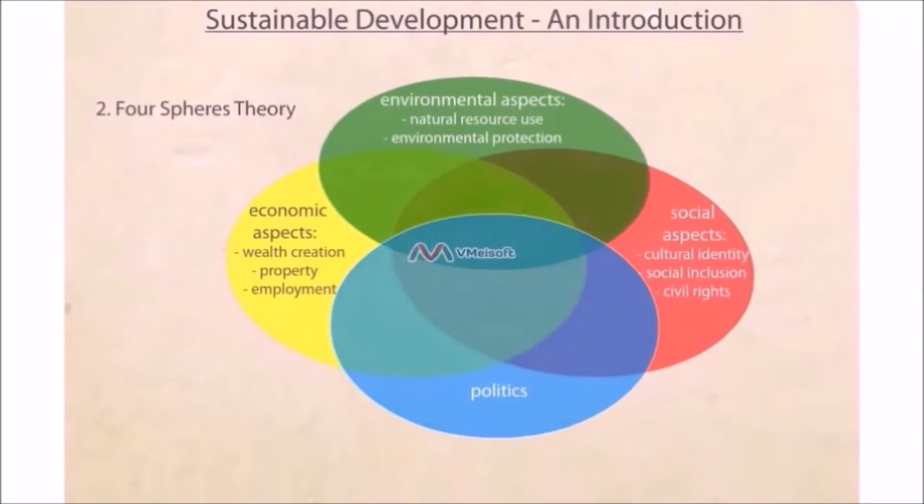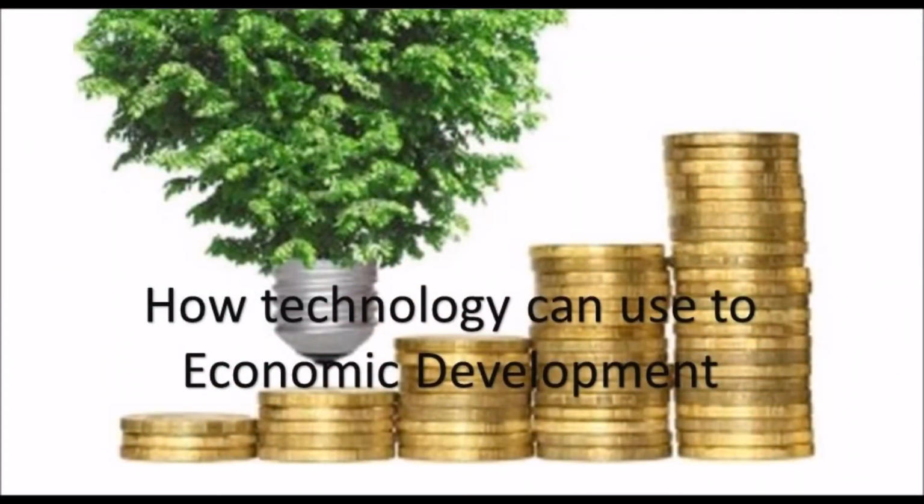In four spheres of sustainability, we additionally add political. Sustainable development is only achieved when there is balance or trade-off between these aspects. I told you there are three main parts in sustainable development.